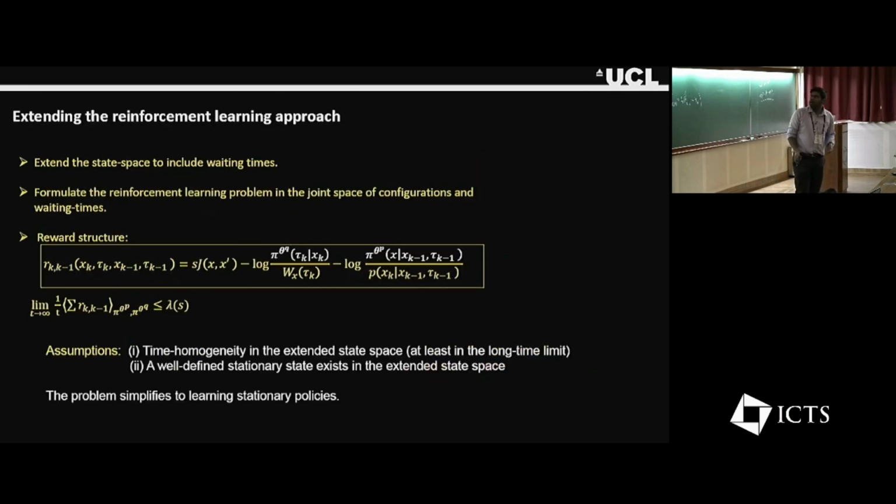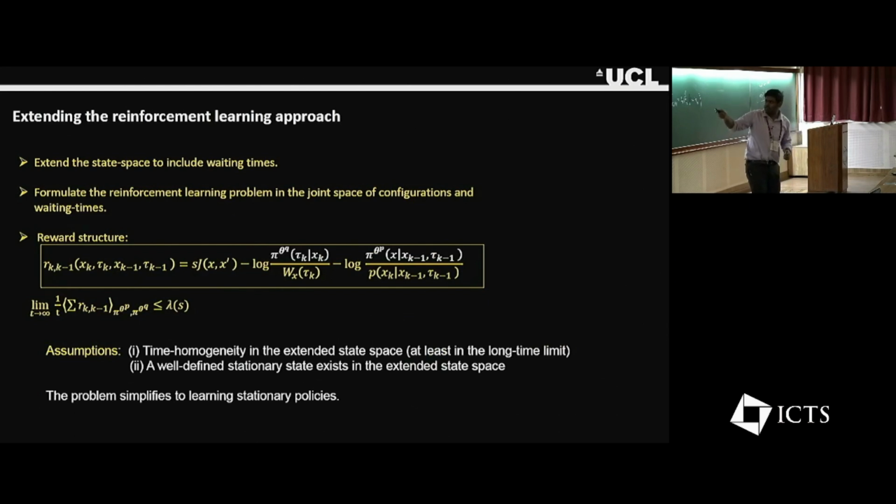Let me jump right ahead and see how to extend Dominic's framework to semi-Markov systems. What we did is extend the state space to include the waiting times of the system. Then we formulated a new reinforcement learning problem in this extended space, which required constructing a new reward structure with two controllers instead of just one: one for the waiting time and one for the jumps, to handle this extended state space.